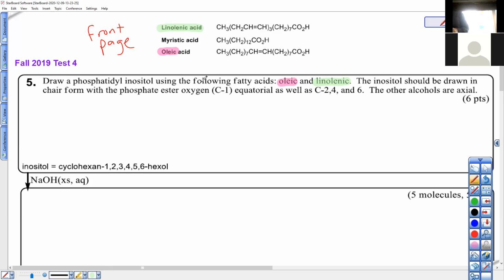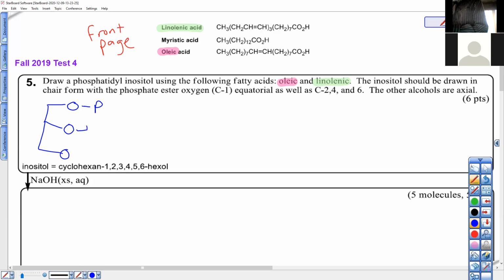And we're going to connect those to two of the three carbons of glycerol. I'll leave the top one for the phosphate. You know there's going to be phosphorus because it says there's a phosphatidyl something. All of them start with the word phosphatidyl, all the phospholipids.